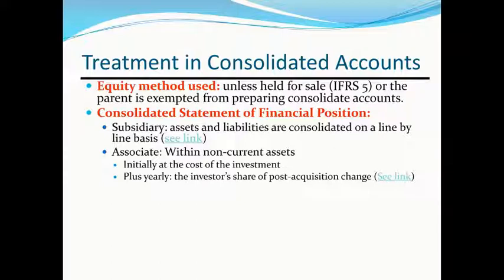And the equity method is a method of accounting whereby the investment is initially recorded at cost and adjusted thereafter for the post-acquisition change in the investor's share of net assets of the associate, and it also takes into account the investor's share of the profit of the associate when we come to the statement of profit or loss.